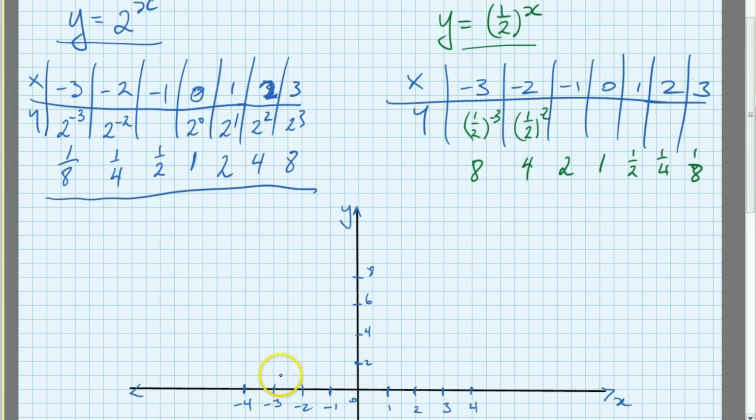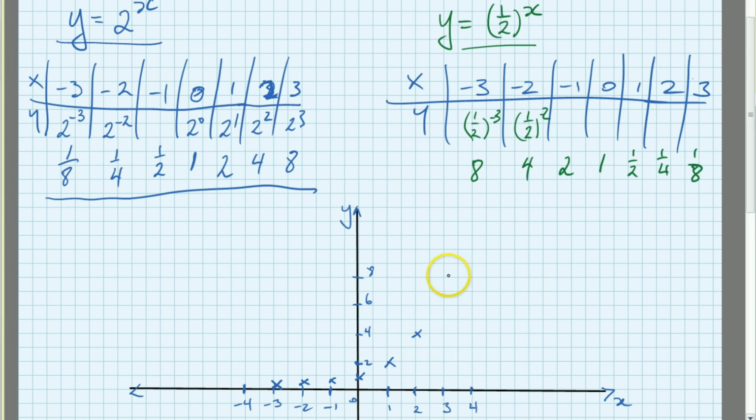So when x is -3, the y value is an eighth, which is way down here. -2 gives us a quarter, which will be here. -1 will give us a half here. When x is 0, we get 1, and then we get 2, and then we get 4, and then we get 8.